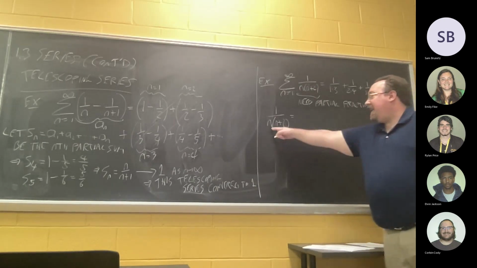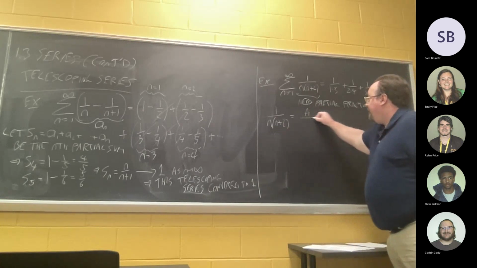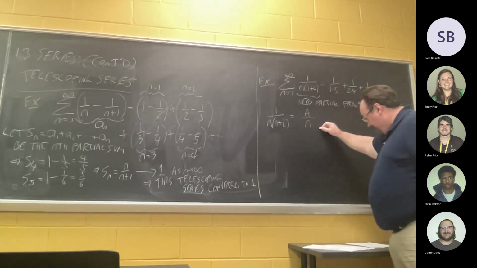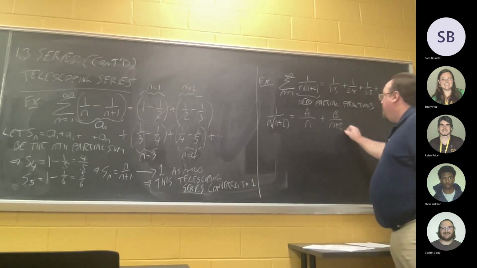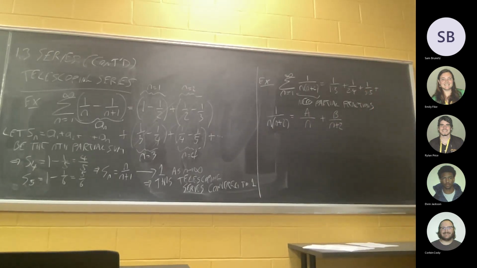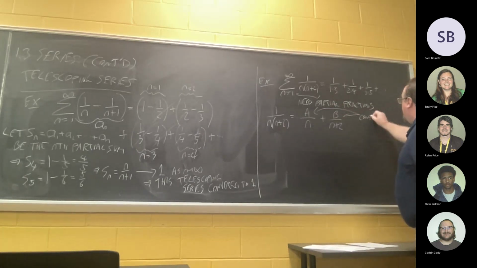So here we have these factors, n and n plus 2. So we want this to be in the form a over n plus b over n plus 2, where the constants a and b have to be determined.